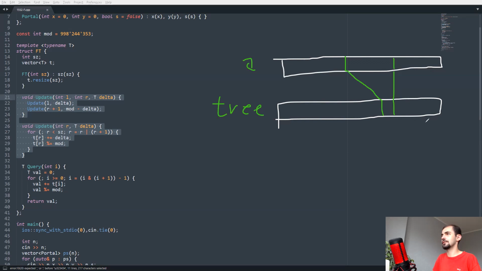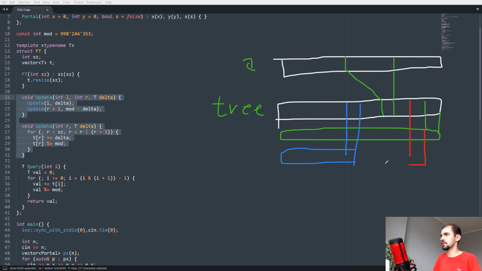I will try not to tell lies, but I believe that the last element corresponds to the entire array. Something in the middle corresponds to the left half. Something next to last corresponds to the right half. And then they go something like recursively, but it may be a lie.